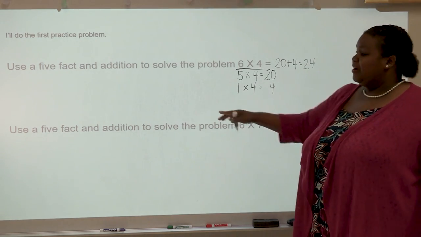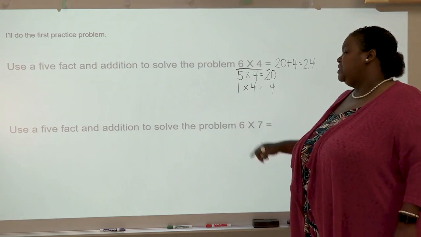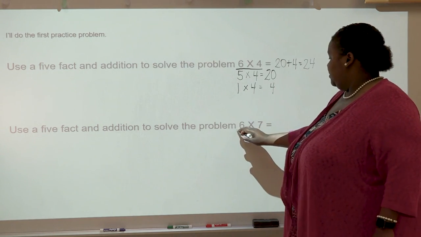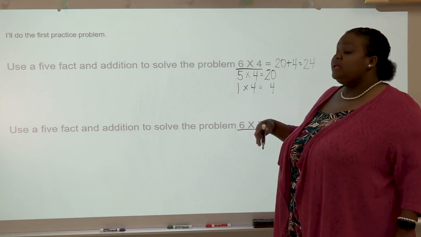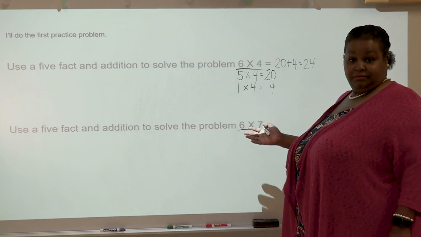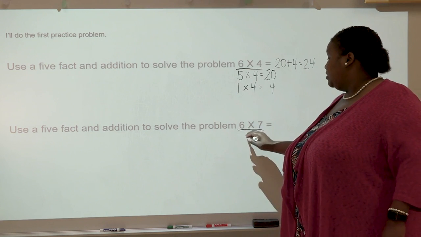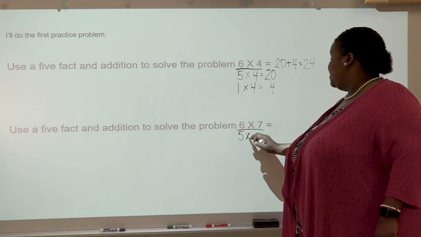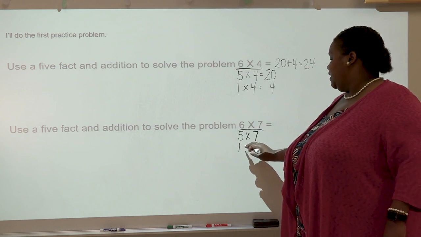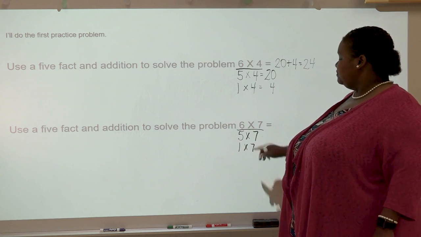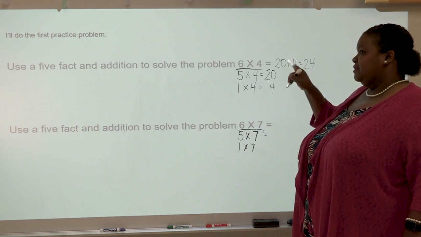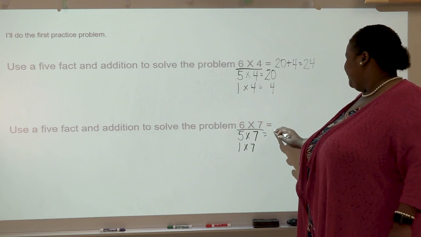Let's do the same thing here. Use a 5 fact and addition to solve the problem of 6 times 7. Again, I'm going to do my line. They've asked me to use a 5 fact. So what 5 fact could I use? I would say 5 times 7. And then I only have 1 left. 1 times 7. 5 times 7 equals, yes, 35.